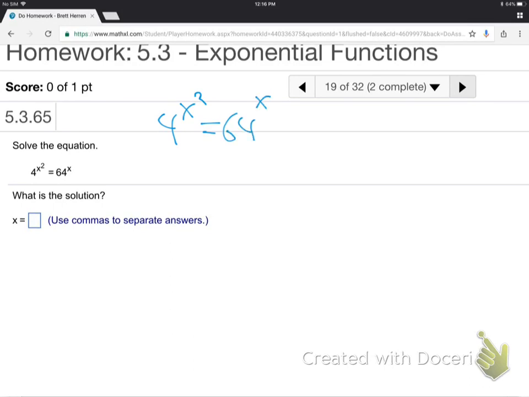Okay, so again, see if you can make the bases the same. So you look at that 64 thinking, is that 4 to something? Try it out. Take your calculator. Take 4, 4, 4, until you get 64.